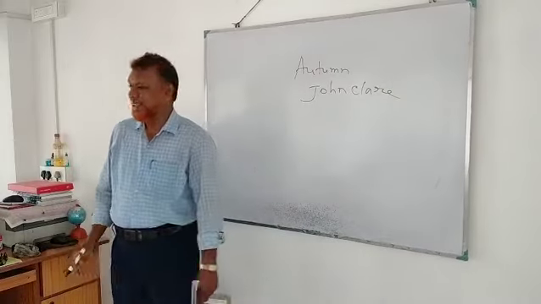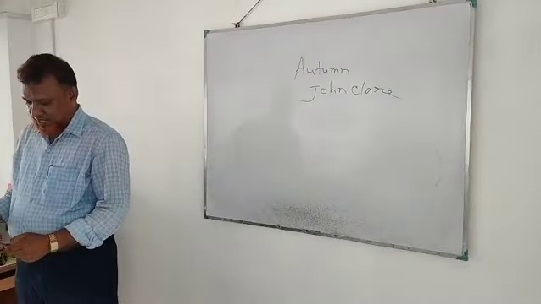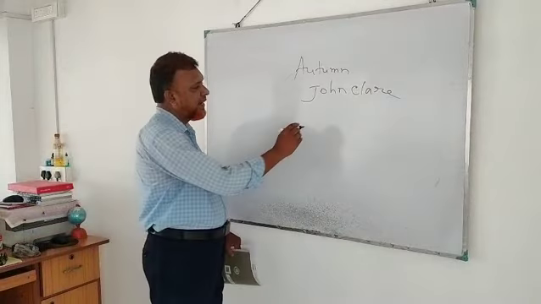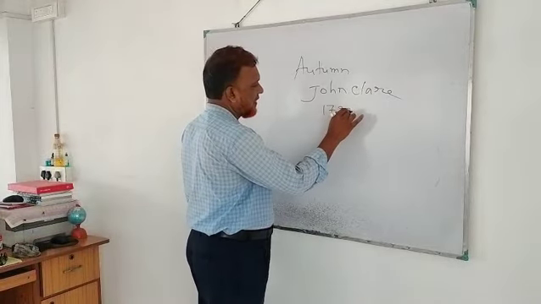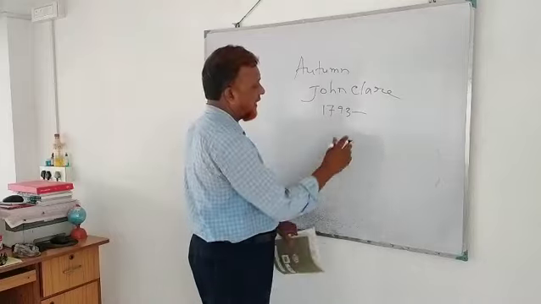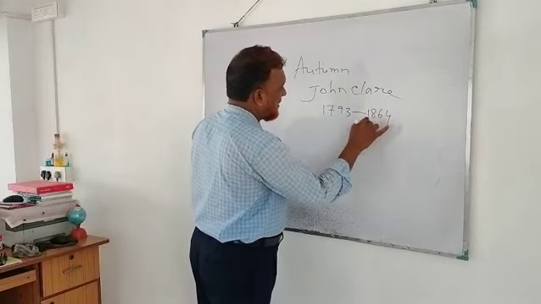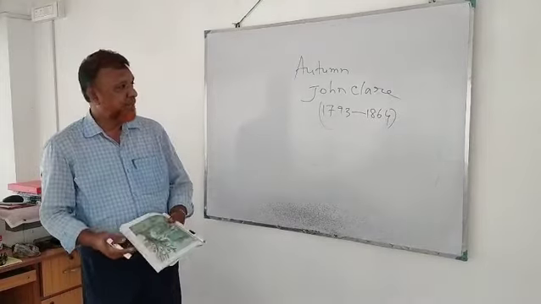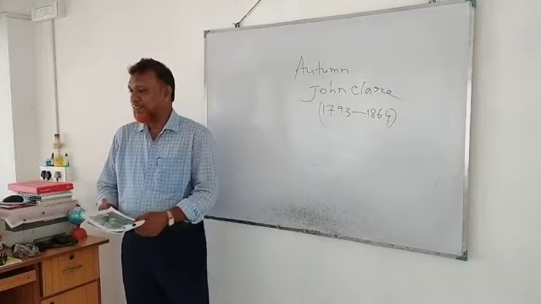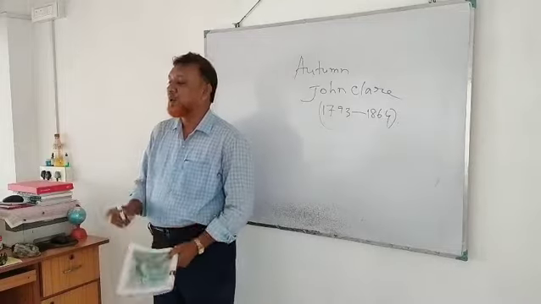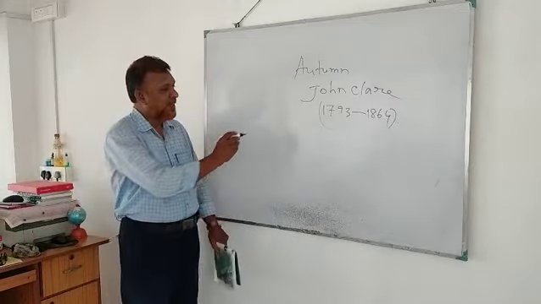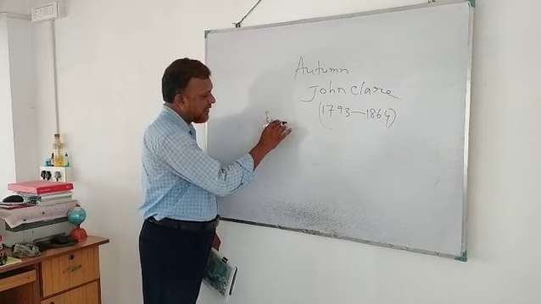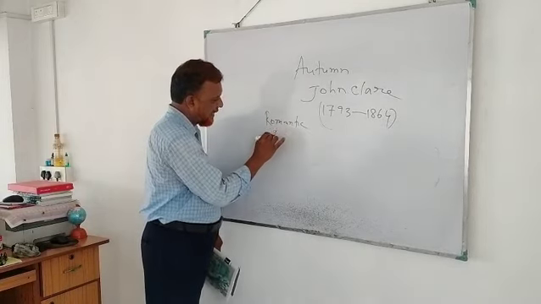John Clare, 1793 to 1864. The poet John Clare belongs to the Romantic period, the Romantic age.